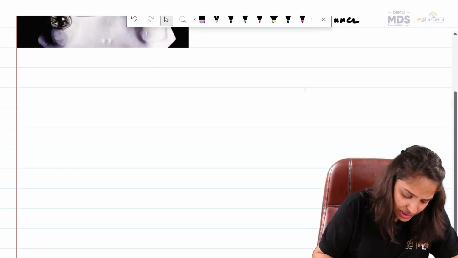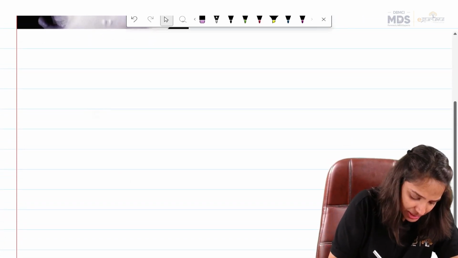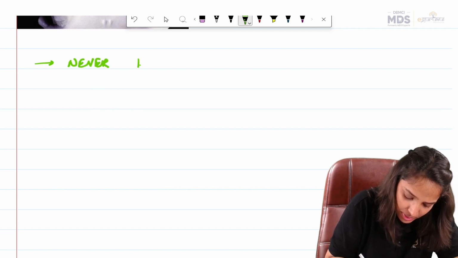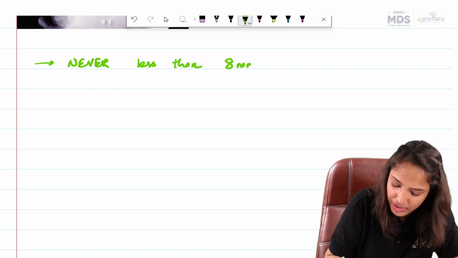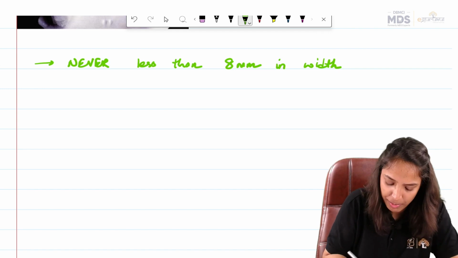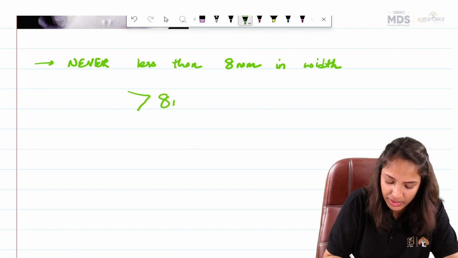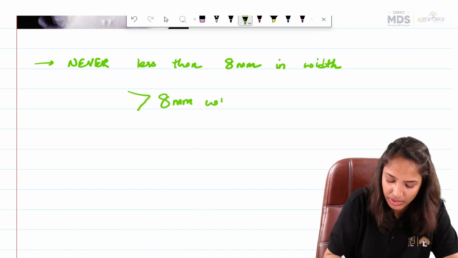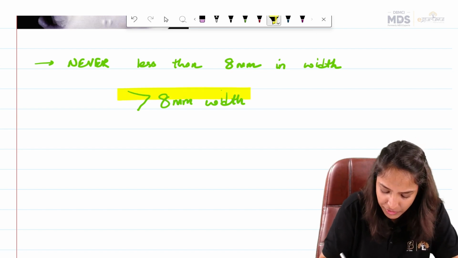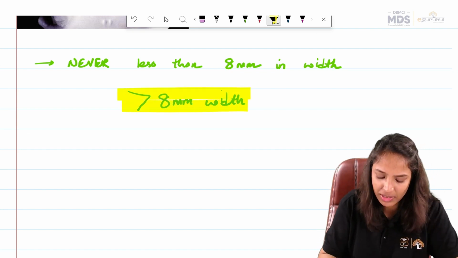Now, a single palatal strap is never less than 8 millimeters in width. So always remember it has to be greater than 8 millimeters in width. That is one of the key points for your single palatal strap.